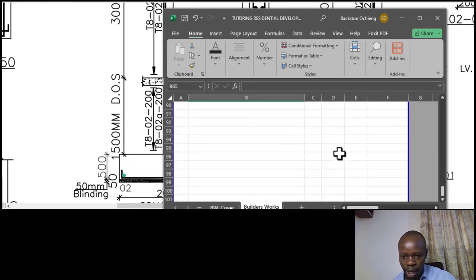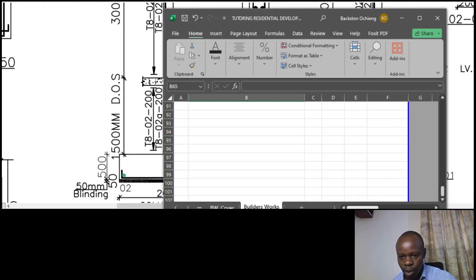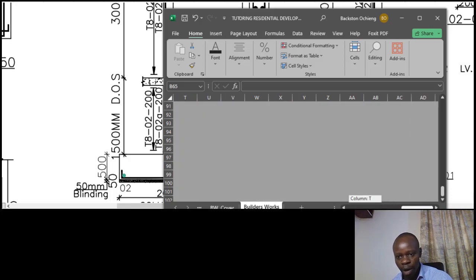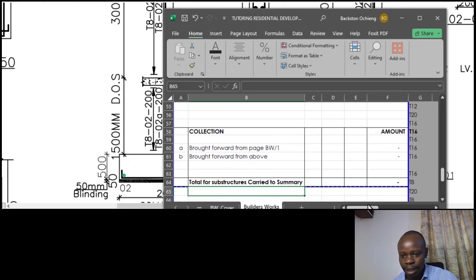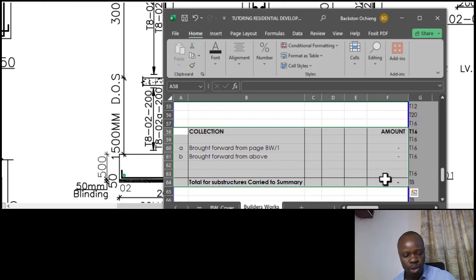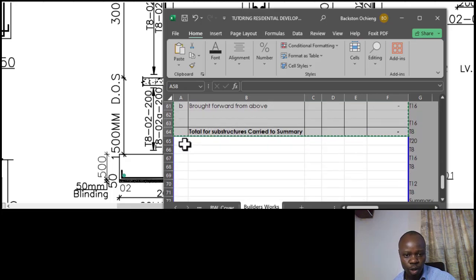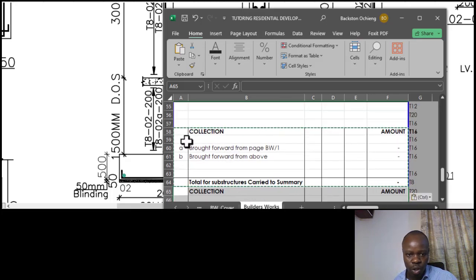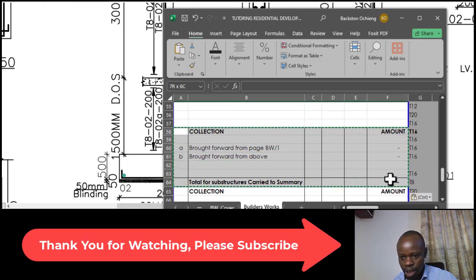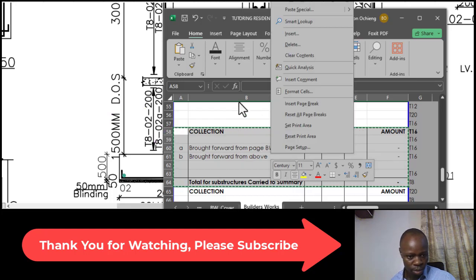So alternatively, because these items are ending, they are not going beyond the next page, I can take this collection to the next page. I can copy this collection here to bring it on a totally new page, and then I'll delete this other one.